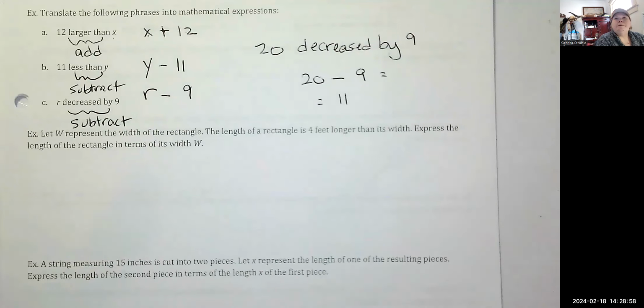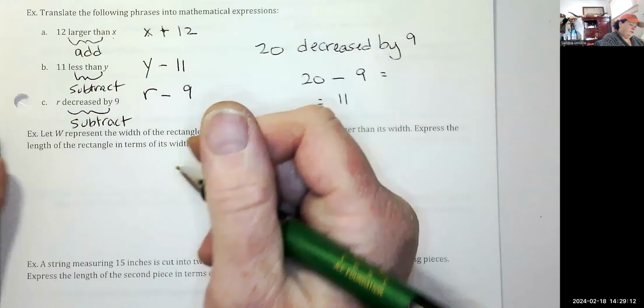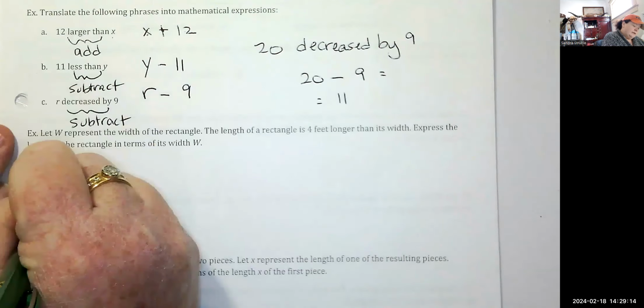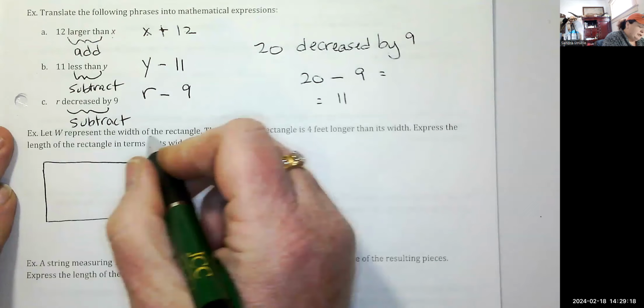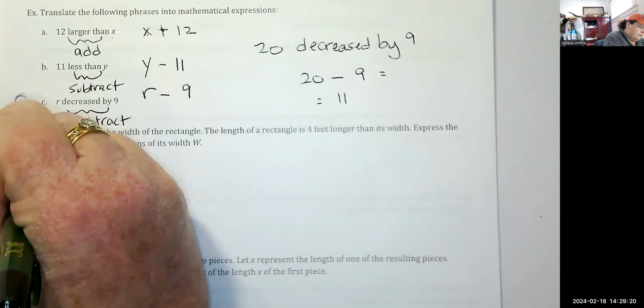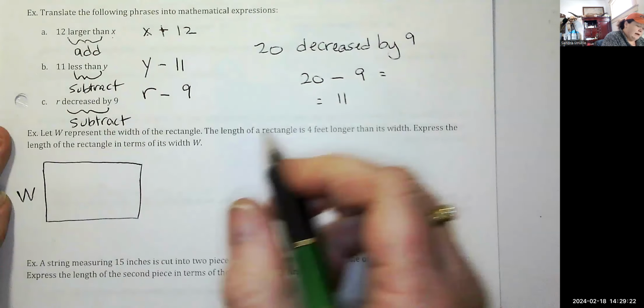Word problems. Let W represent the width of the rectangle. The length of the rectangle is 4 feet longer than its width. Express the length of the rectangle in terms of its width. We've got a rectangle, and W is the width, and we've got the length.